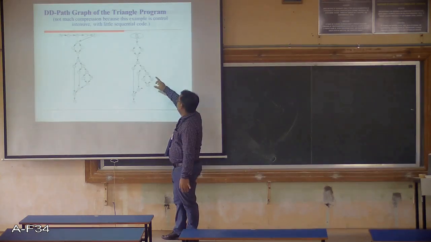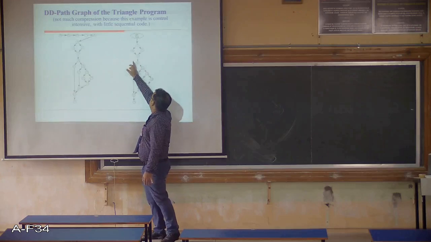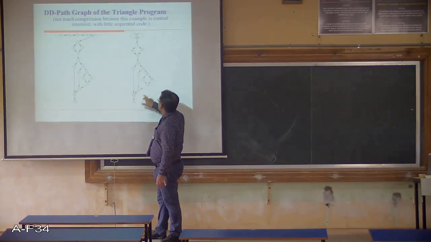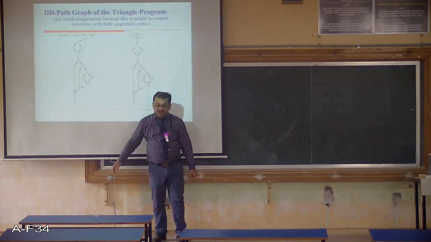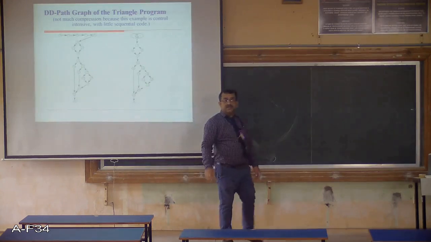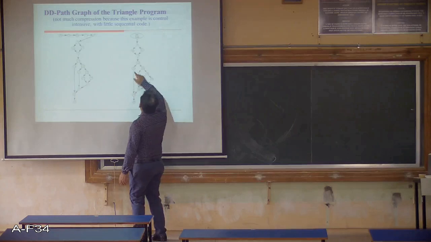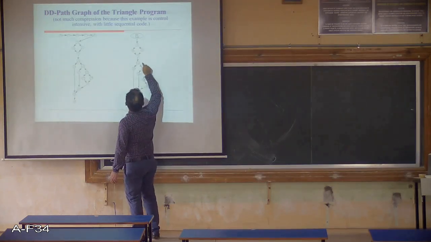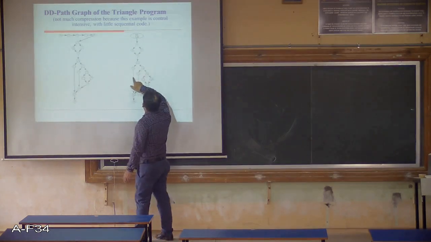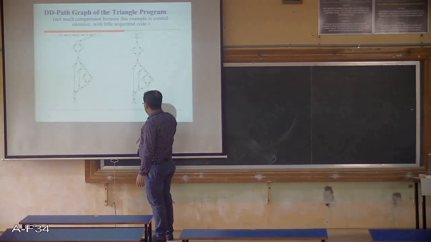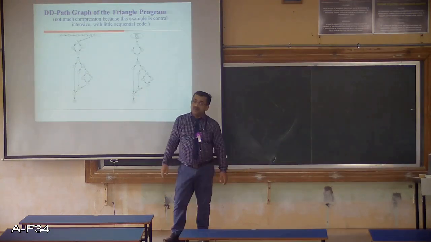They are node 9, node 12, node 13, node 14, node 16, node 19, node 20 and node 22. These are the examples of case 3 DDpath. Similarly, case 4 DDpaths are node 10, node 11, node 21, 15, 17, 18. These are the examples of case 4 DDpath.